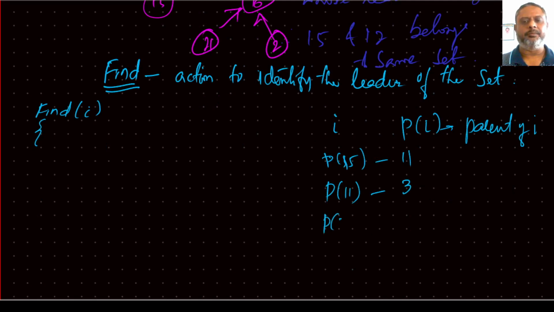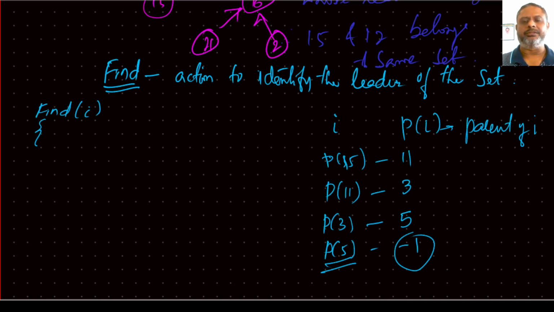Then find the parent of 3, where we reach 5. Then find the parent of 5, we get minus 1. That means you need to stop there, and the node whose parent lookup gave minus 1 is itself the root.